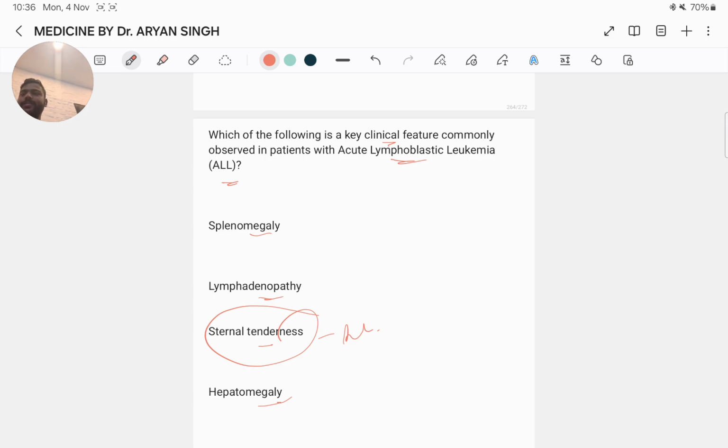It is caused by infiltration of the leukemia into the bone marrow, including the sternum. The involvement of the sternum can lead to localized pain and tenderness. Upon palpation, sternal tenderness can be an important clinical clue that raises suspicion of ALL, especially when combined with other presenting symptoms.